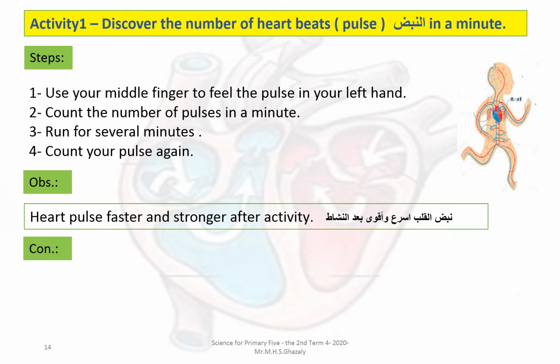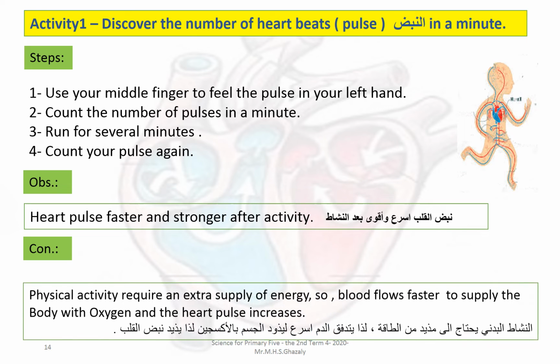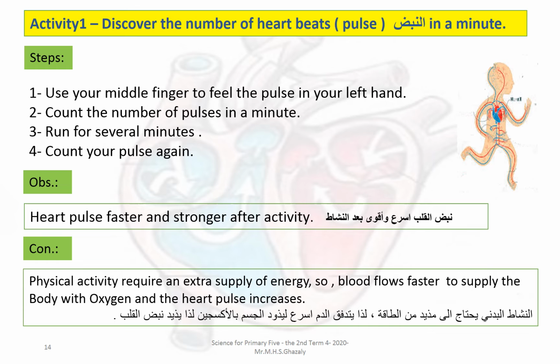Conclusion: physical activity requires an extra supply of energy, so blood flows faster to supply the body with oxygen and the heart pulse increases.